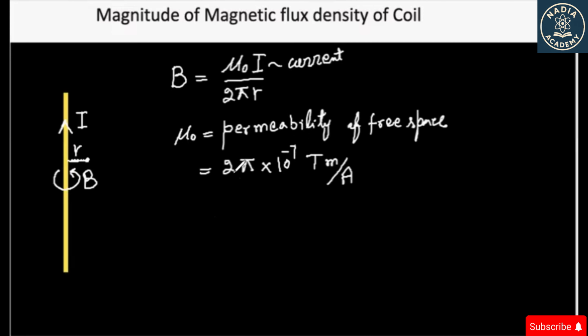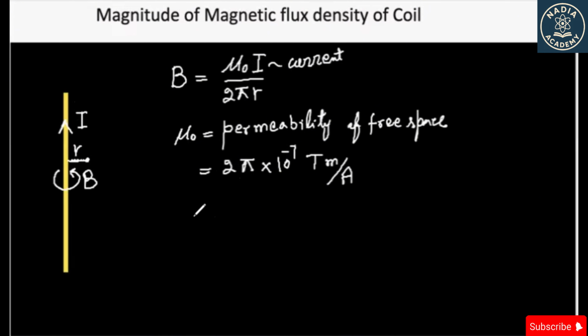So now you can see that this mu naught constant is a pretty small value. So for our given current, the magnetic field produced by this wire will be pretty small.